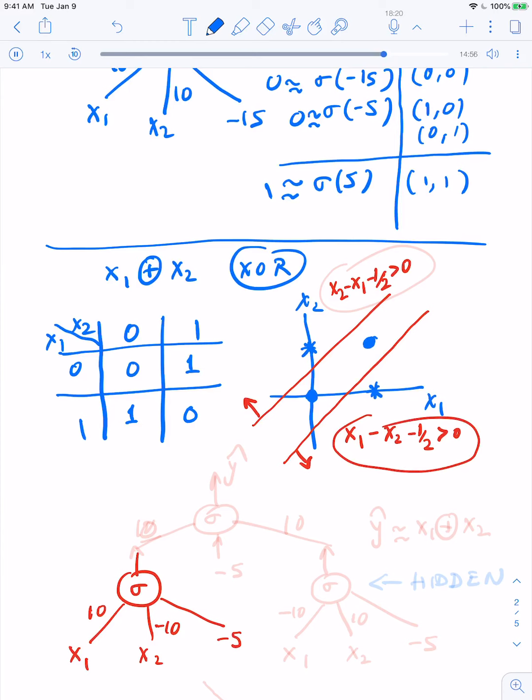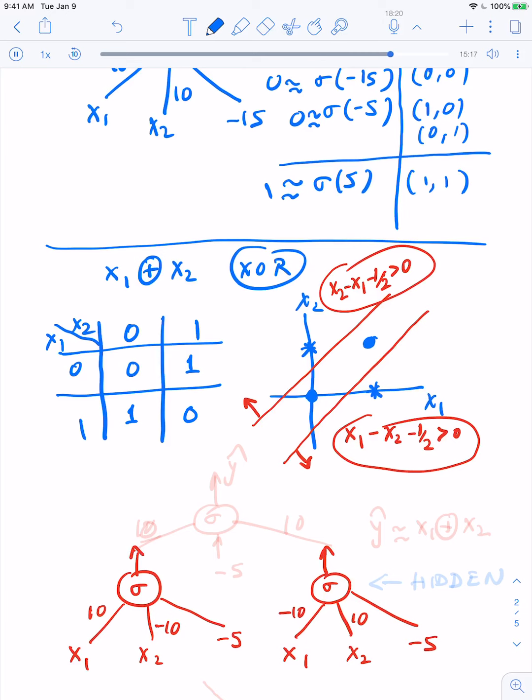And the other one is going to be flipped around: minus 10, 10, and minus 5 for this guy.